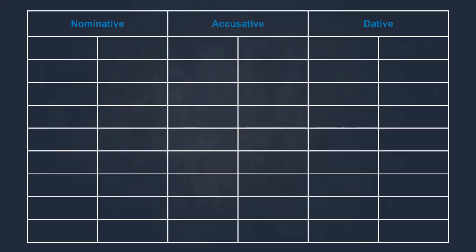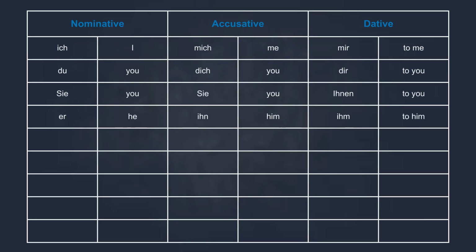Nominative, accusative, dative. Ich, mich, mir. Du, dich, dir. Sie, formal, Sie, ihnen. Er, ihn, ihm. Sie, sie, ihr. Es, es, ihm.